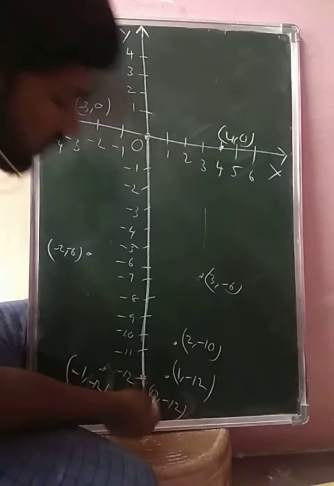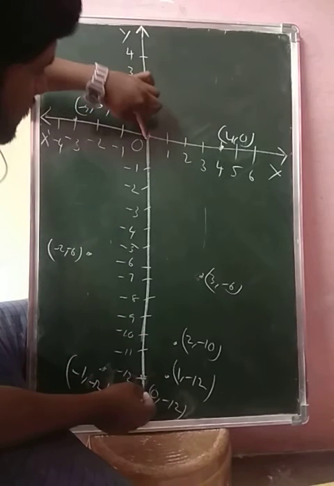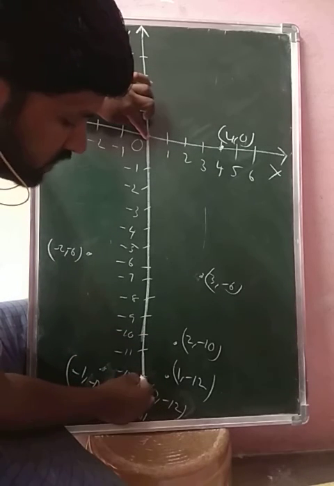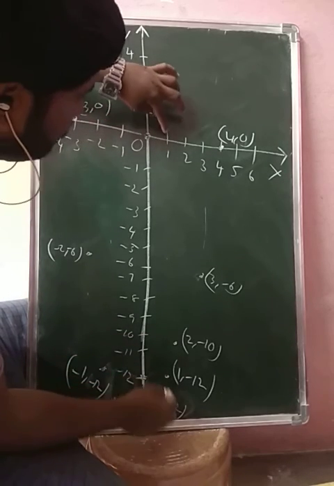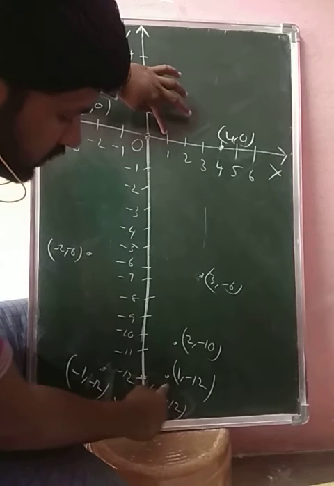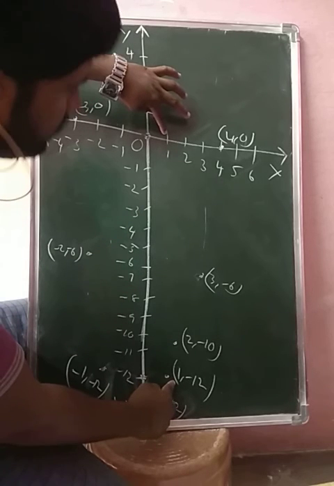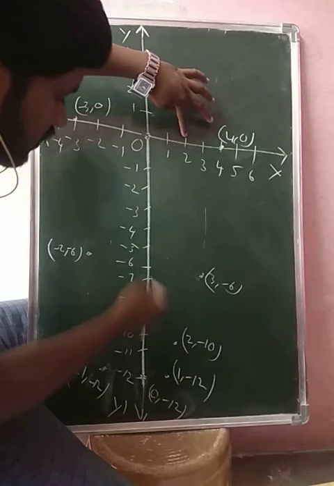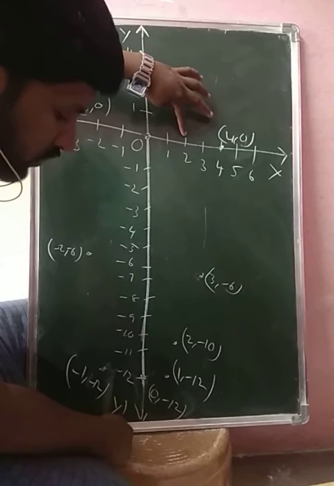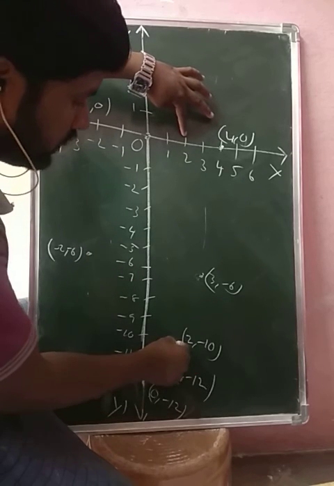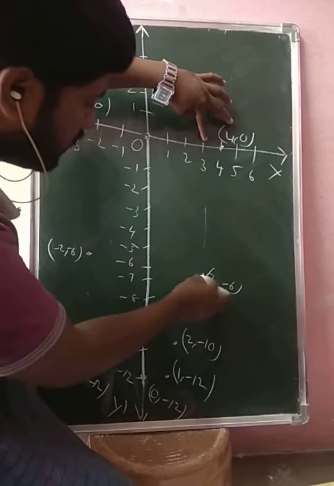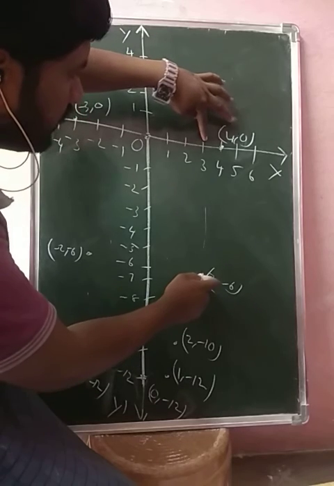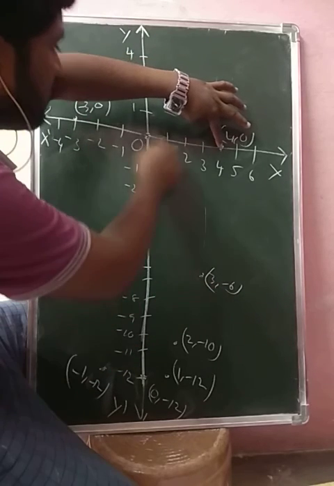x value is 0, on the x axis is 0, the y value is -12, and x value is 1 and the y value is also -12 only, and x value is 2, the y value is -10. Downwards, 0 to y dash. Here the x value is 3, the y value is -6, and x value is 4, the y value is 0.